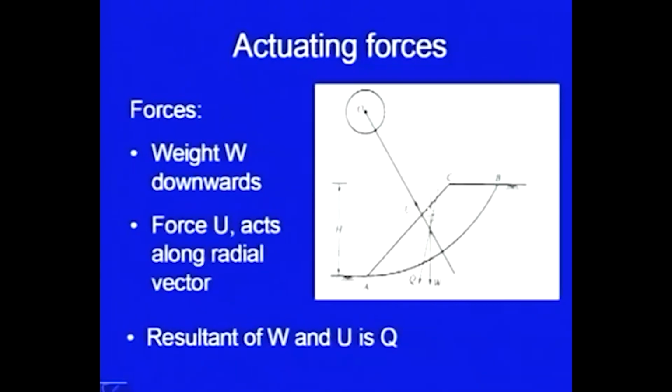We can find out the area of this wedge, then the weight, and its Cg, and we can also find out the water pressure acting over here. So, Q is the resultant.